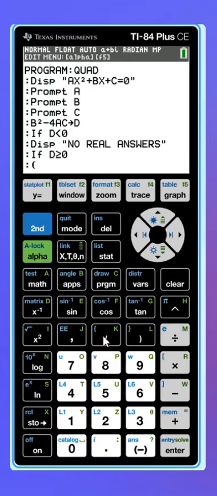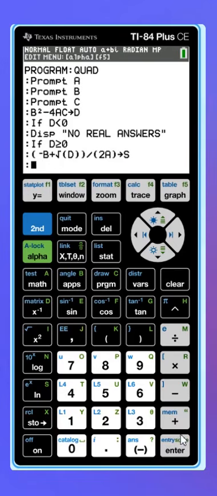So we're going to do the quadratic formula, which is negative b plus the square root of the discriminant. So we're going to have to take the square root of d. And another parenthesis. And then we want to divide that by 2a. And 2a needs to be in parentheses, otherwise you'll get the wrong answer. And I'm going to set that equal to s.